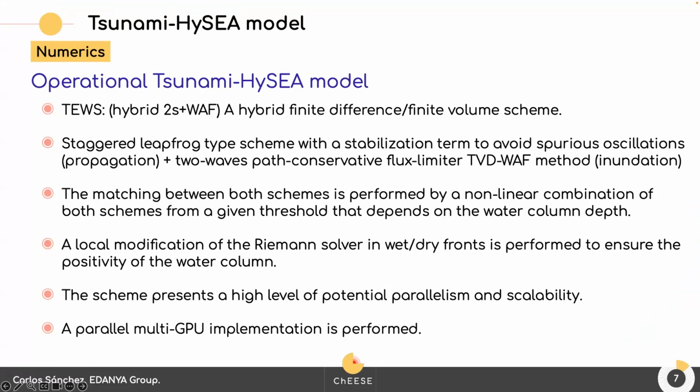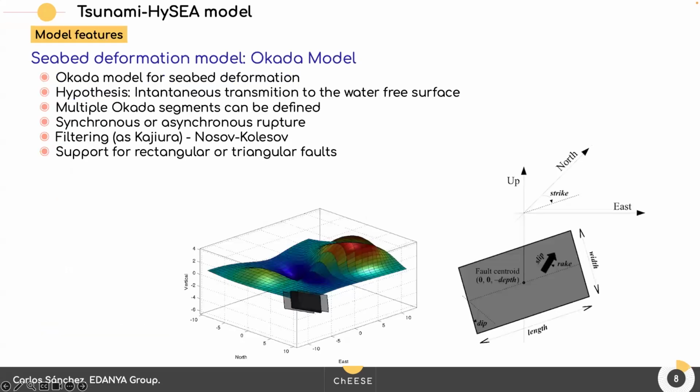We use a hybrid finite difference and finite volume scheme. We use a staggered leapfrog type scheme for the propagation part and a flux limiter TVD-WAF type scheme for the inundation part. Again, I'm not going into the numerics details, but the scheme presents a high level of parallelism and scalability. This is very, very important.